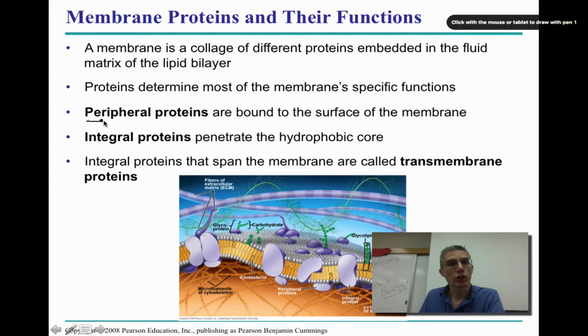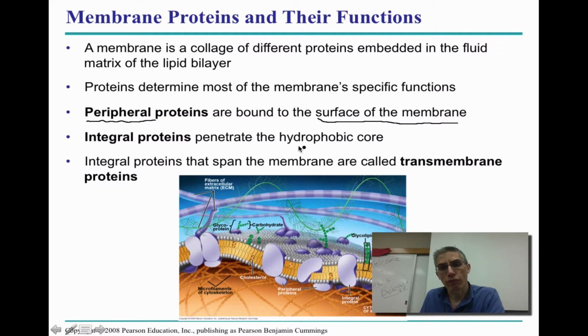One is called a peripheral protein, and these are bound to the surface of the membrane. Another is called an integral protein, and these penetrate the hydrophobic, water-hating core of the phospholipid bilayer. Those integral proteins that span the membrane, a different variety of this protein, are called transmembrane proteins.